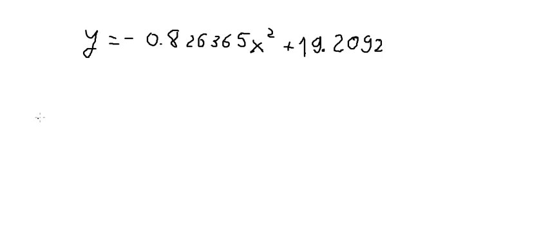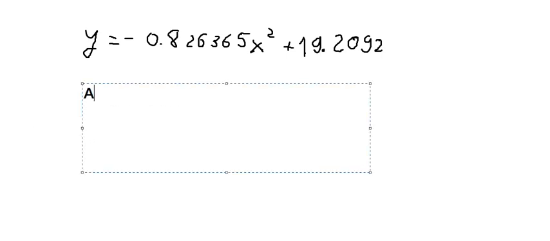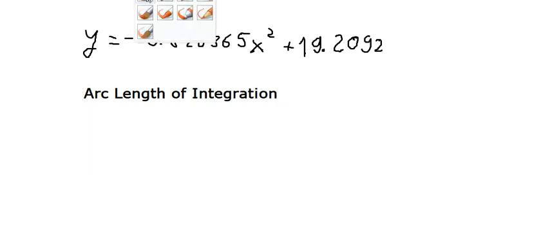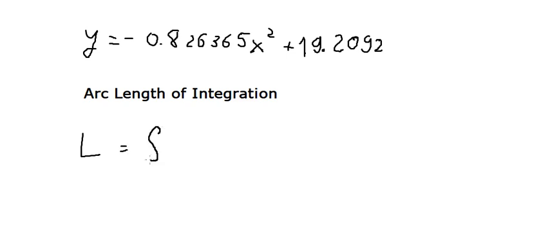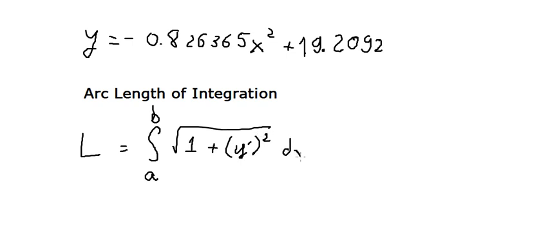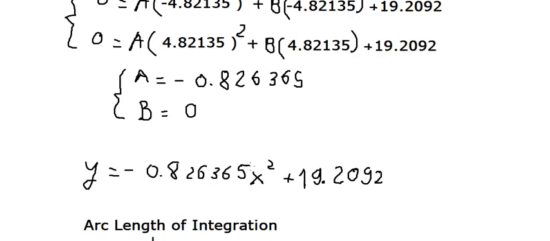Now we can use the arc length integral operation. So to find the arc length, we need to have a, b. Later, we have the integral of the square root of 1 plus the first derivative of y to the power of 2, dx. We will apply this formula to find the green line in here.